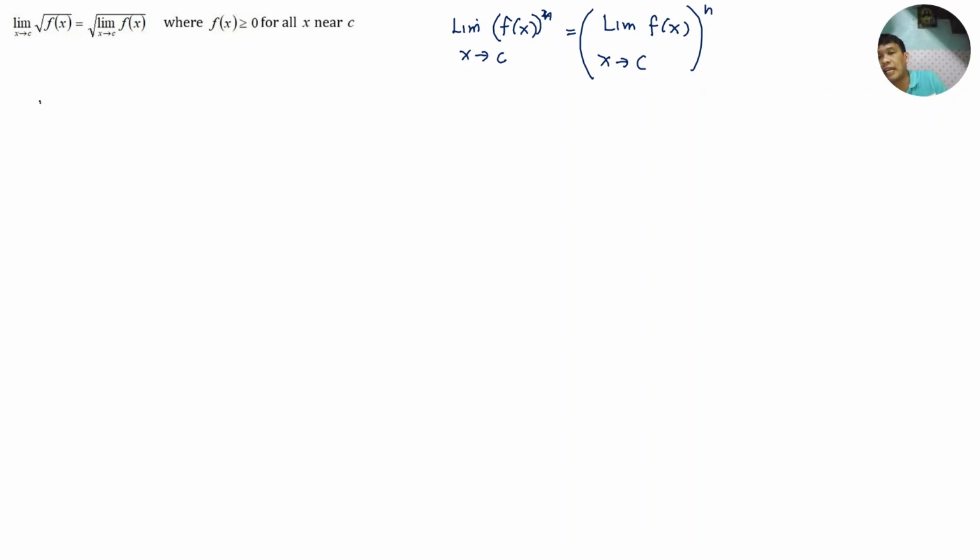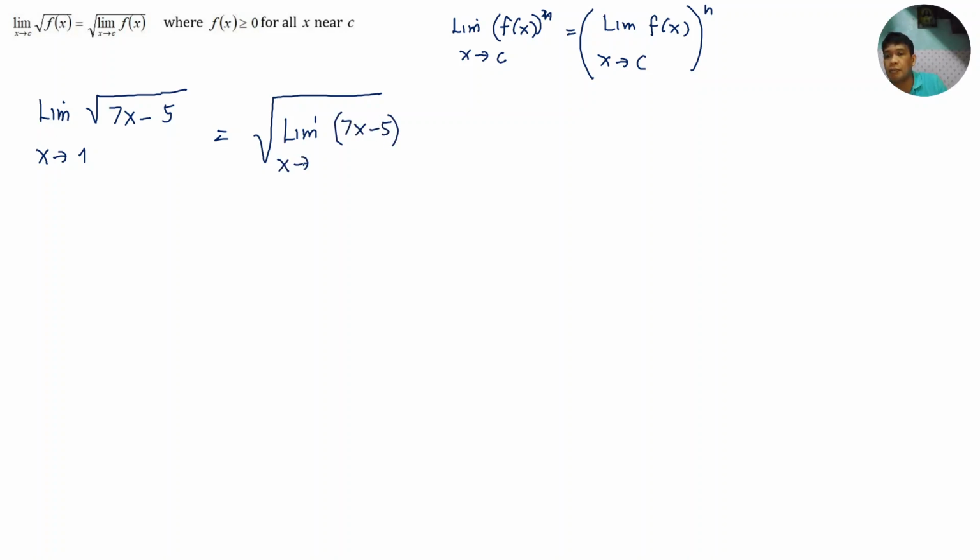Halimbawa, if I have here the limit of the square root of 7x minus 5 as x approaches 1. So, ang gagawin lang natin, ilalabas natin yung square root, then limit ng f of x natin, which is 7x minus 5 as x approaches 1.